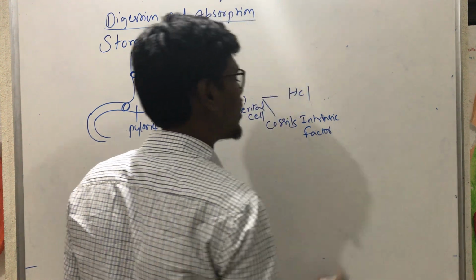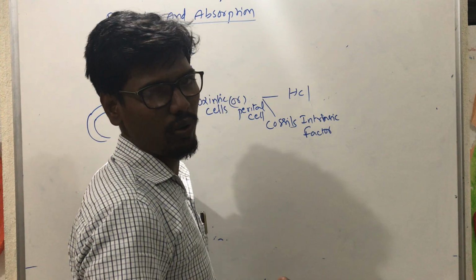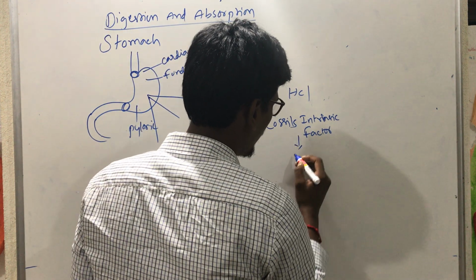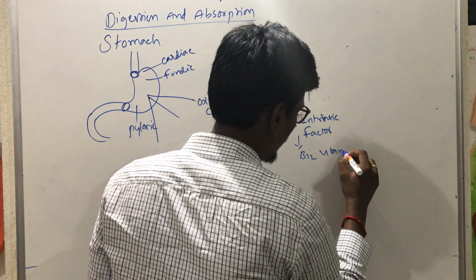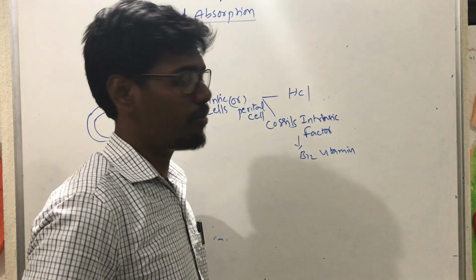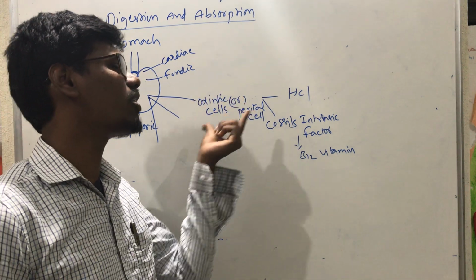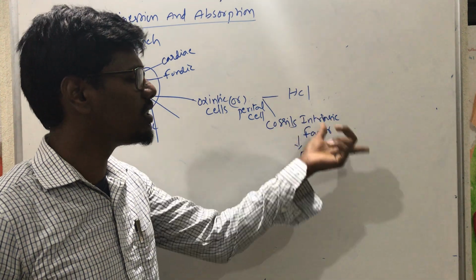The intrinsic factor helps in the absorption of vitamin B12, which is called cyanocobalamin. So the first gland is the oxyntic or parietal cells, which secrete HCl and intrinsic factor.